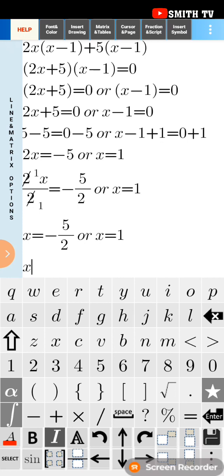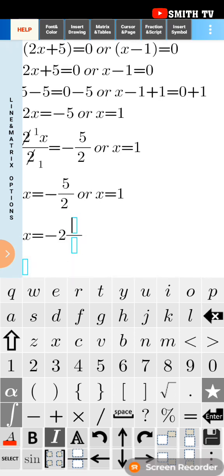Finally, x is equal to minus 2 whole number 1 over 2, or 1. Since I'm having x double times, I'll just write the x once. So x is equal to minus 2 whole number 1 over 2 or 1.